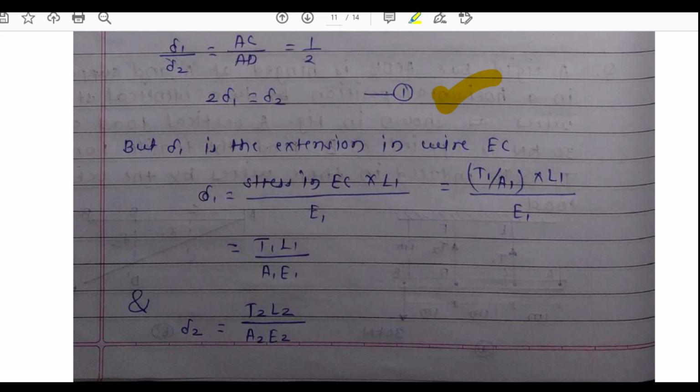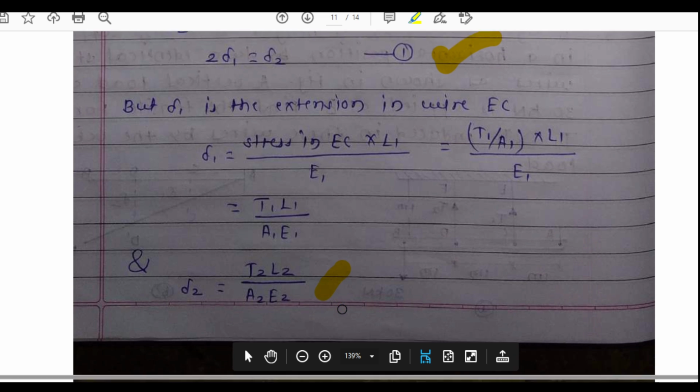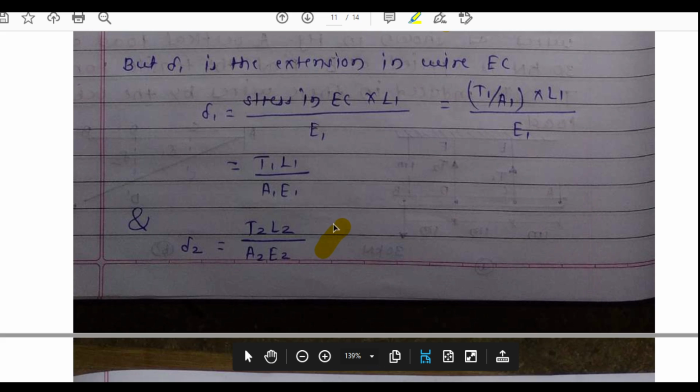Therefore extension or deflection delta 1 equals stress in EC into length upon E1. Now the stress in EC can be calculated as the tension force in the first wire divided by the area of the first wire, into L1 upon E1. This we can simply arrange and we get T1 L1 upon A1 E1. Similarly for the second wire we will get delta 2 equals T2 L2 upon A2 E2.